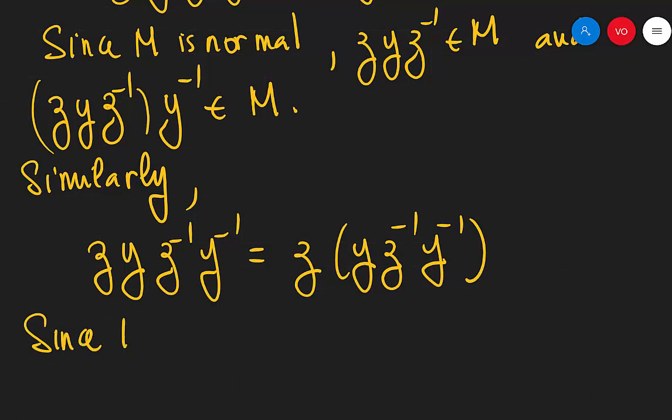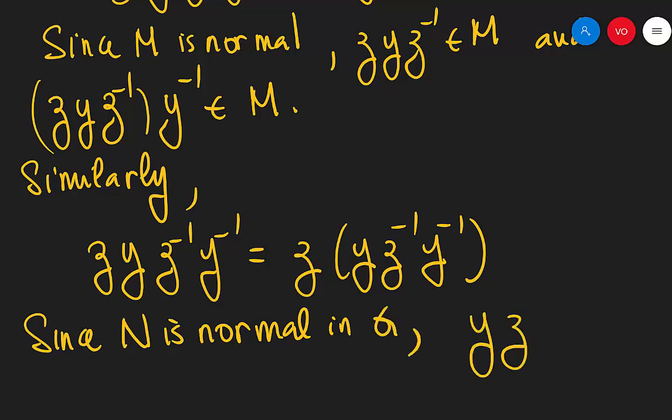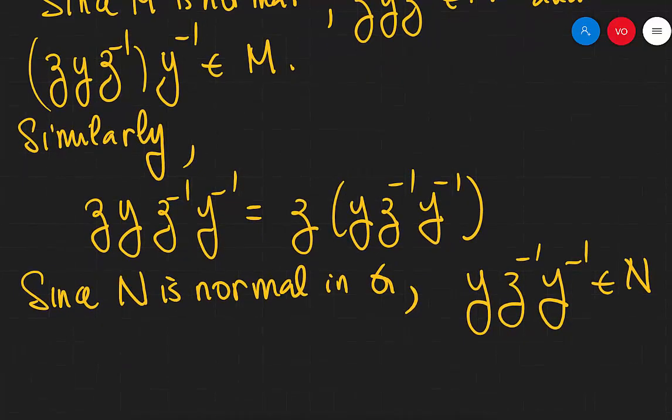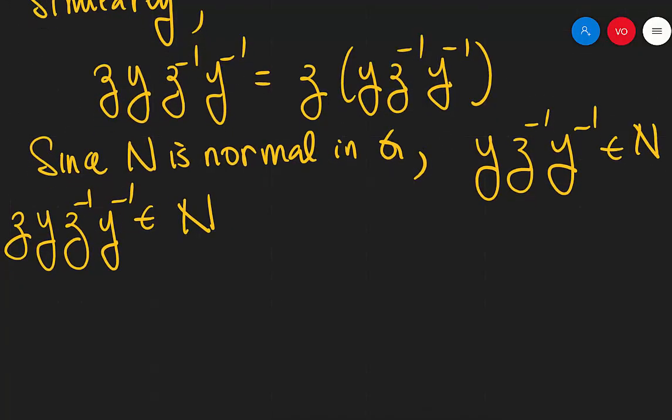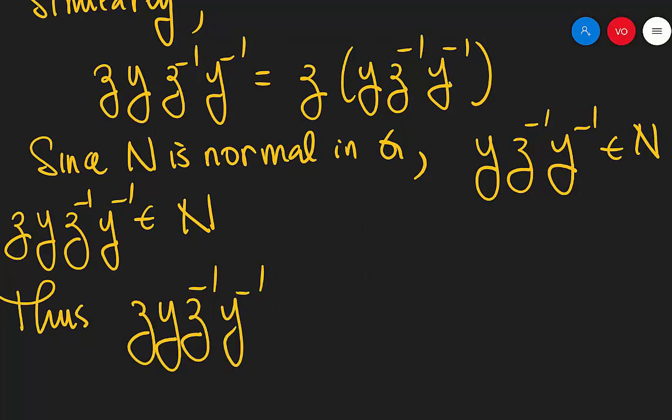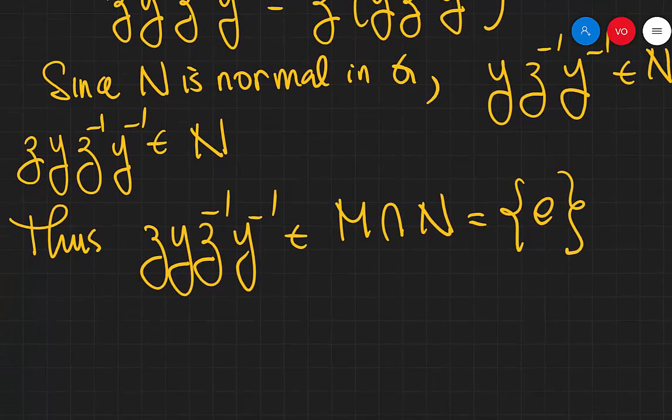Since N is normal in G, then y z inverse y inverse will be in N, and since N is closed under the operation because it's a subgroup, z y z inverse y inverse will be in N. So this shows that z y z inverse y inverse is in M intersect N, but this contains only the identity.